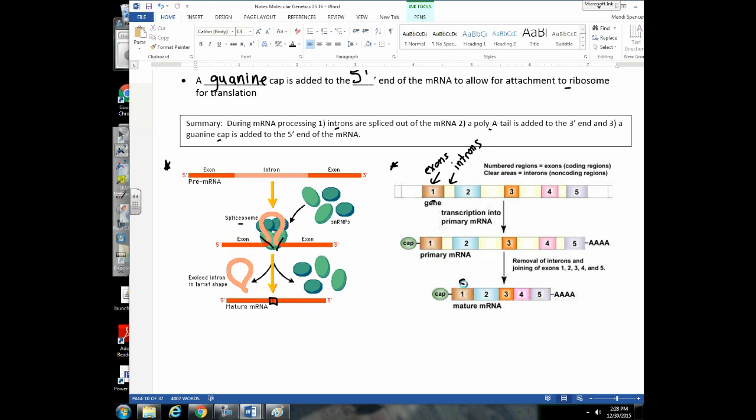And our exons are being spliced together. And again, this is referred to as mature mRNA. And again, here's the pre-mRNA or the primary mRNA. And you can see that we added the cap and the tail. So when you see diagrams like this, you have to note that transcription has happened and the mRNA is being processed.